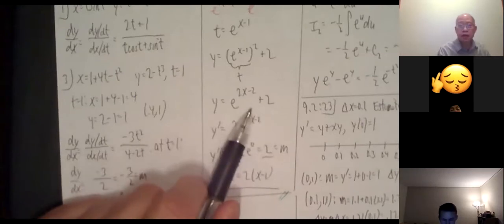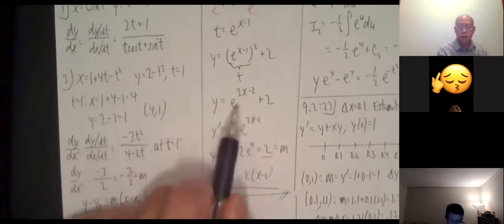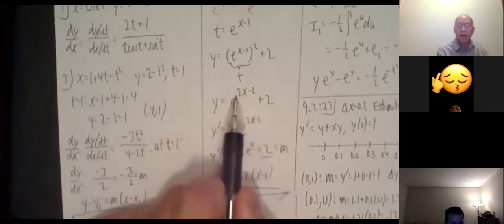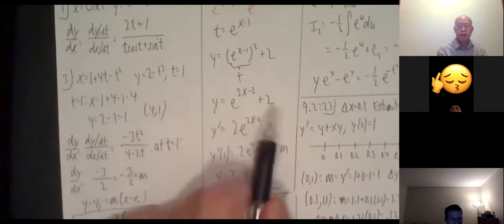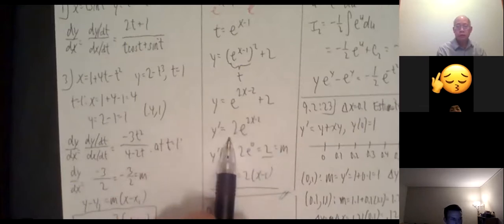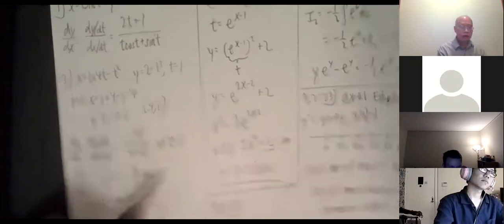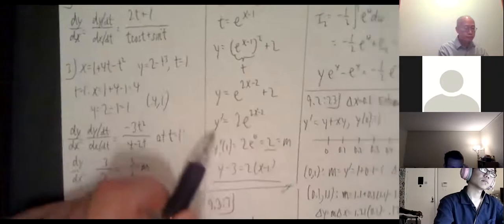Okay, so Calc 1 problem. Find the equation of the tangent line. So y prime, the derivative of this thing, is e to the 2x minus 2 times the derivative of the exponent, which is 2. And of course, the derivative of 2 is 0. Now I want y prime of 1 because the x coordinate was 1.